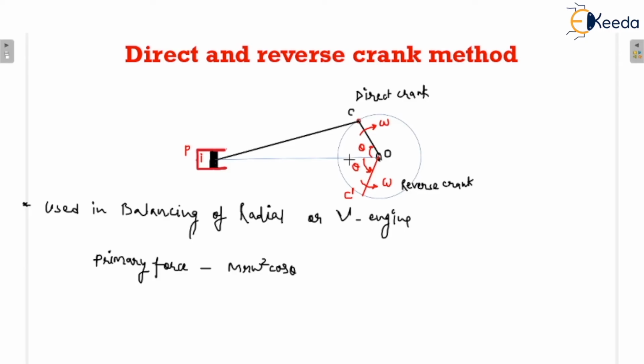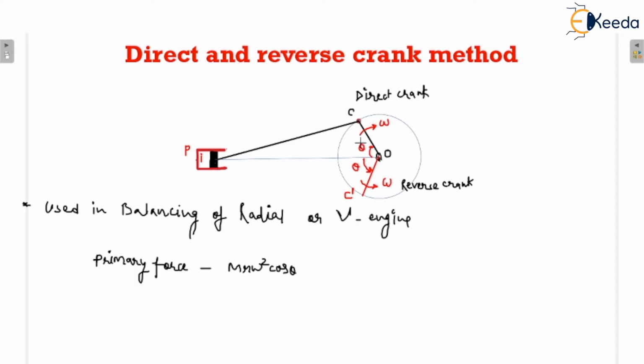So there is a mass m attached at the end of the crank pin. Now let us suppose the mass m of the reciprocating part is divided into two parts, each equal to m by 2.